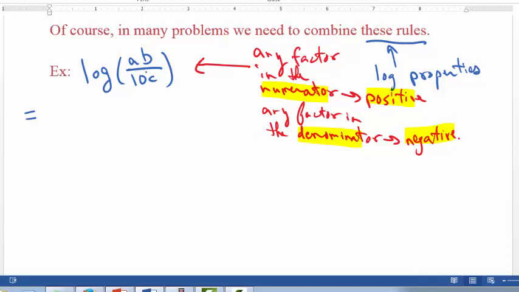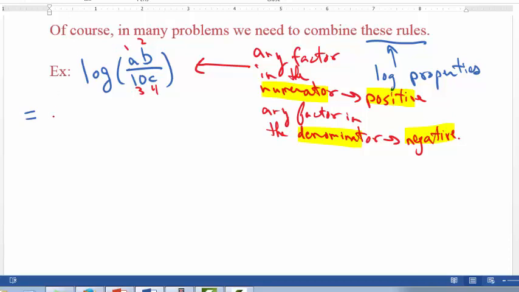So I'm just going to use my generalized rule. What do I have here? I have 1, 2, 3, 4 factors. A and B are in the numerator, and 10 and C are in the denominator. So the log of A and the log of B are going to be positive, and the log of 10 and the log of C are going to be negative.